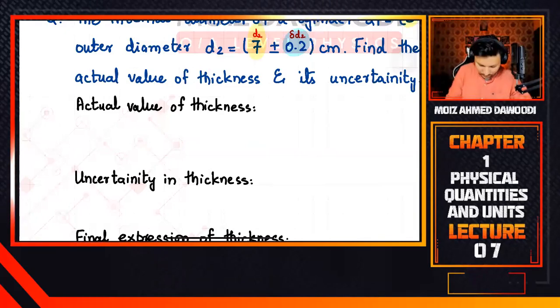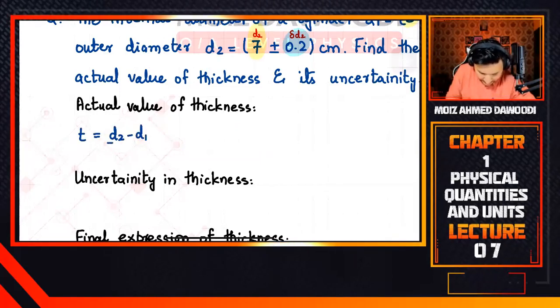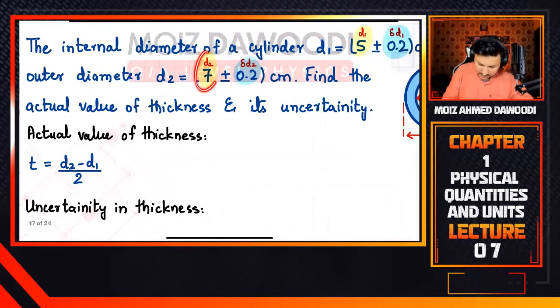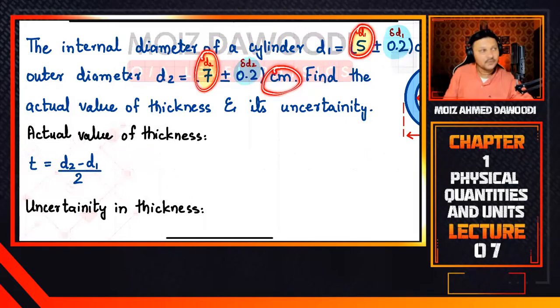So, thickness is equals to D2 minus D1. Right now we are finding the actual value. So I have to use the actual value. What is the actual value of D2? 7 centimeter. And D1, 5 centimeter. ठीक है?